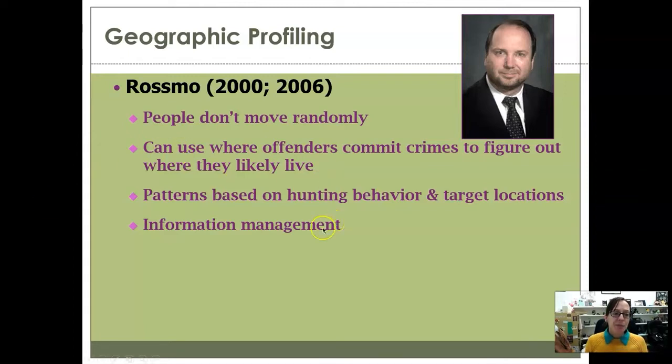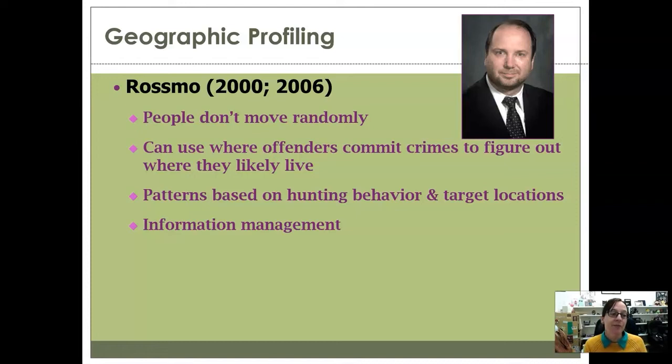And so it's a really helpful and useful method, because while most criminals are not serial in nature, most crime is committed by serial offenders. If they're committing a crime, most individuals only commit one or a couple, maybe a handful of crimes. So our serial offenders are the minority of offenders, but they're committing the majority of crimes.